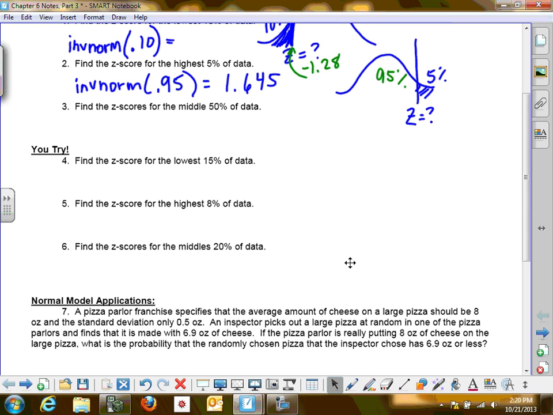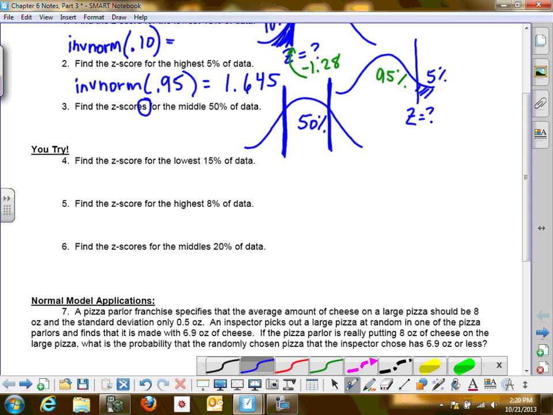Now, what if I want the cutoffs for the middle 50% of data? I am going to have 2 answers, because I'm going to have a location of this lower z-score and a location of this higher z-score. So you need to know what's below.